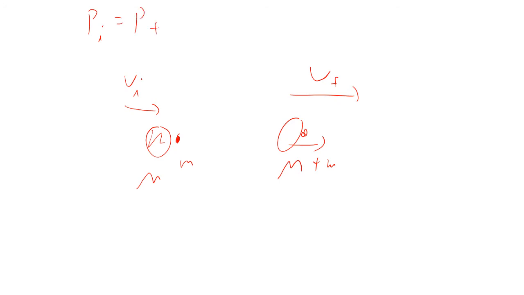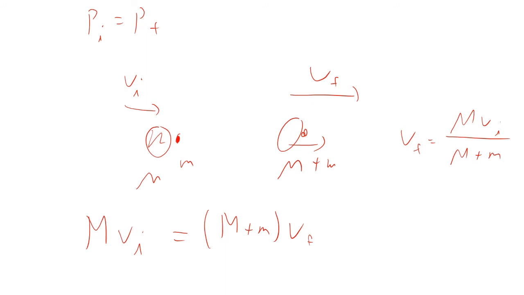So that means we have M times v initial equals (M plus m) times v final. Okay, so that means that v final equals M v initial divided by (M plus m). Well, we know all these masses, so we plug in the numbers, and so the v final is 1.73 meters per second.